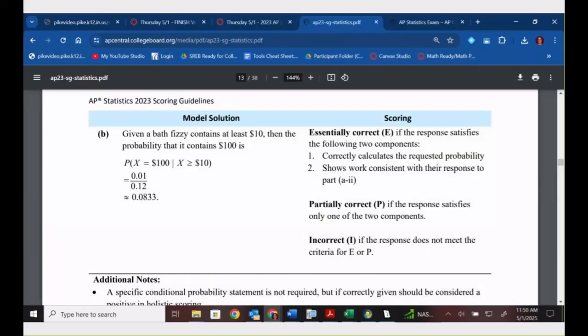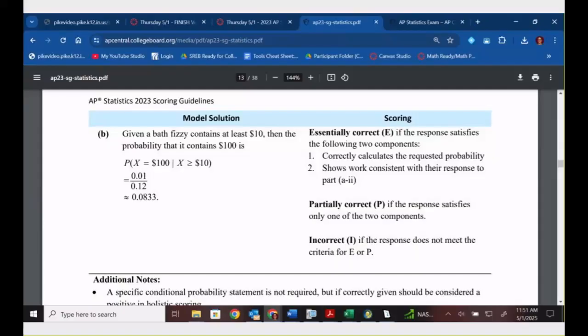Technically, the numerator is the intersection between at least 10 and 100. But if it's 100, it's automatically at least 10. So that intersection is just the probability of getting 100. And then our probability of 10 or more would be 0.12, giving us a final probability of 0.0833.